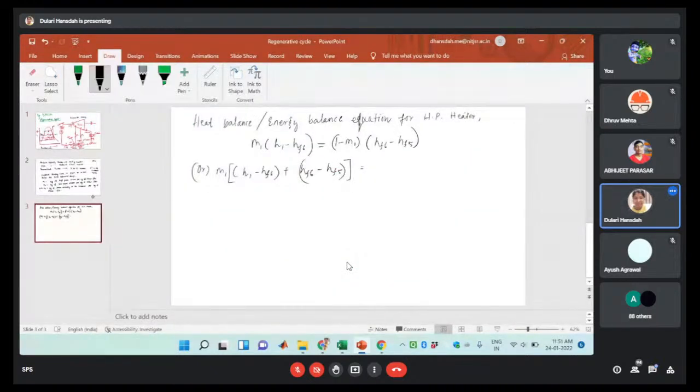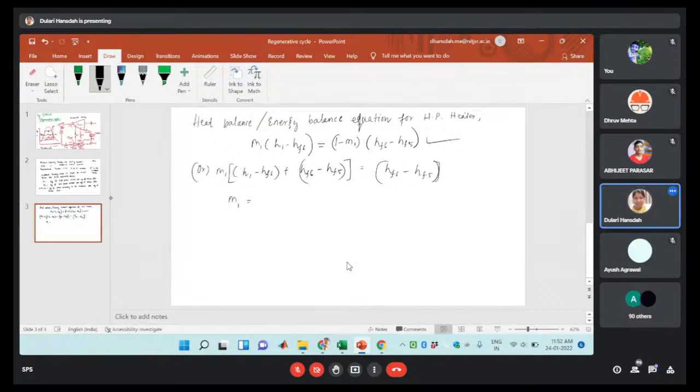So you can write like this also. From this equation we can get M1.